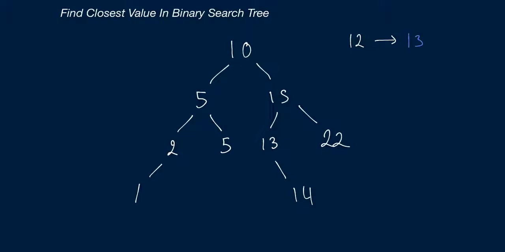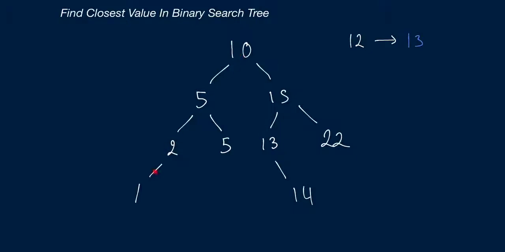This question gives you a BST and a target integer value. And what you want to do is find the closest value to the target value that's contained in the BST. So in front of me, I've got an example.